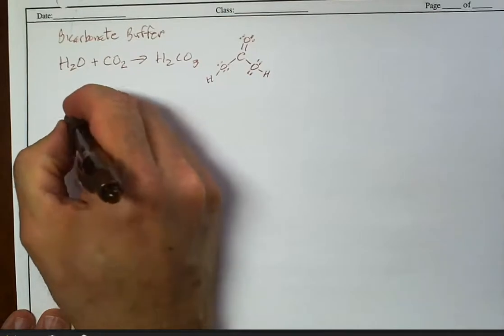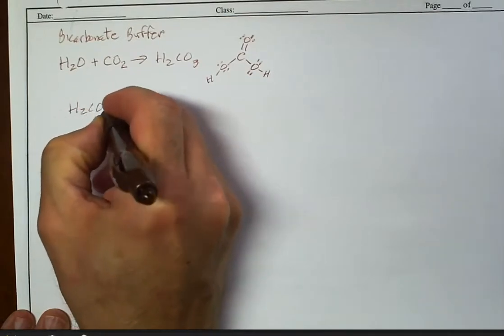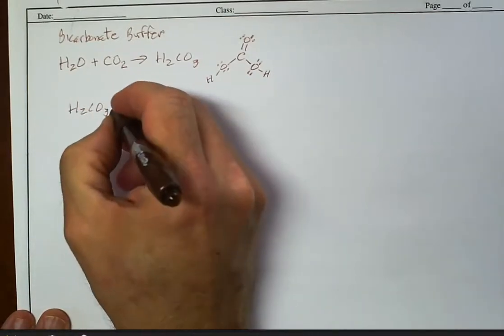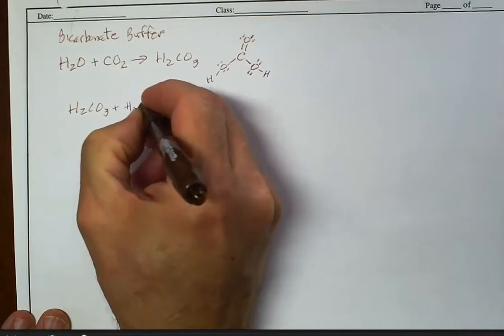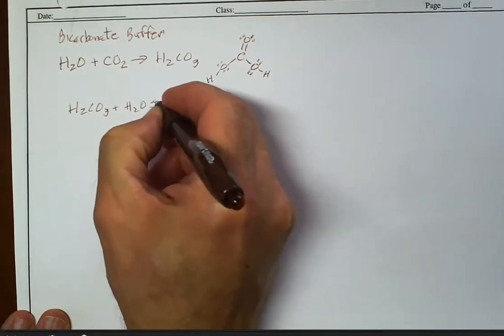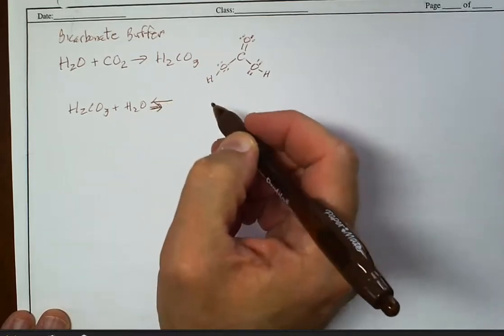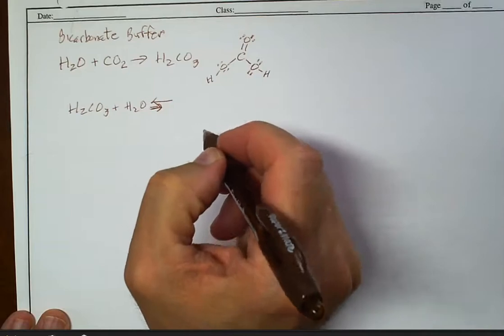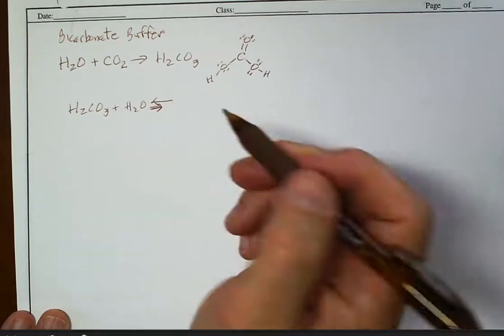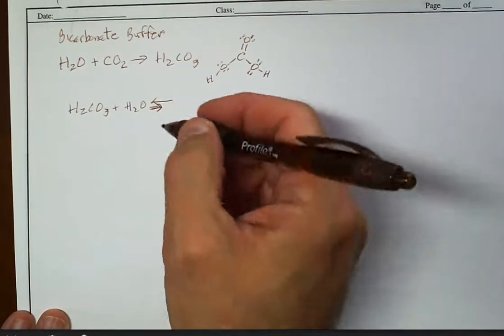Now, what does carbonic acid do as an acid? Well, of course, acids interact with water. Arrhenius said they dissolve in water and produce hydrogen ions, which then turn around and bond to the water to form hydronium.